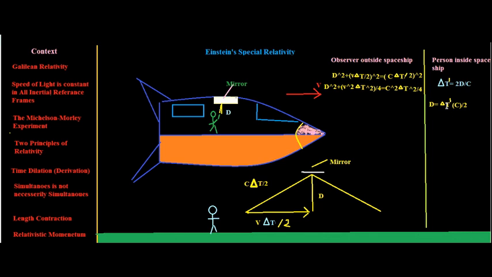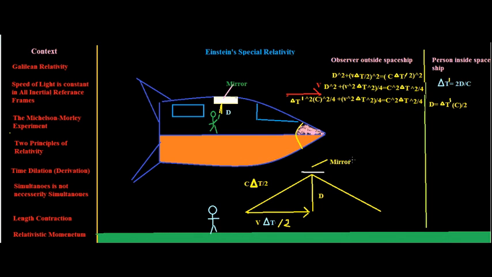If you replace this distance with c Δt' divided by 2, where Δt' is the change in time for the person inside the spaceship to see the light go from the top of the mirror and back down, we will generate an equation.